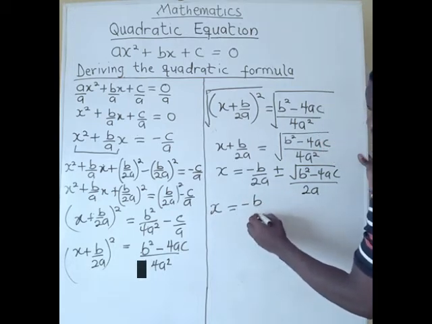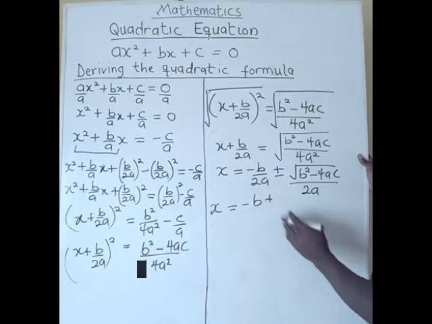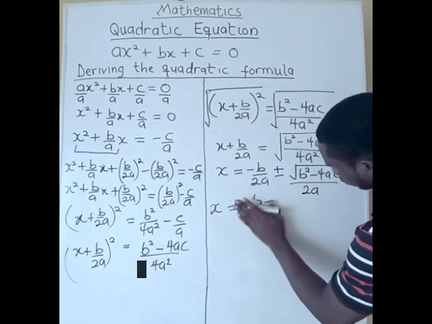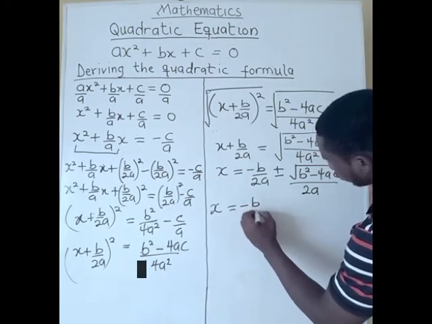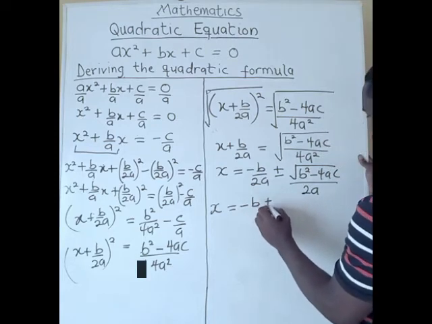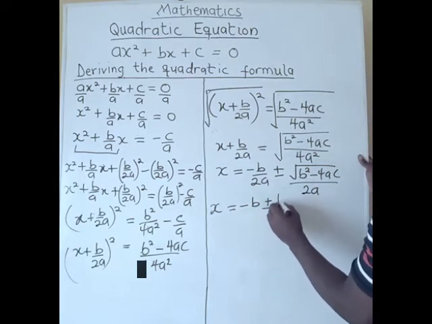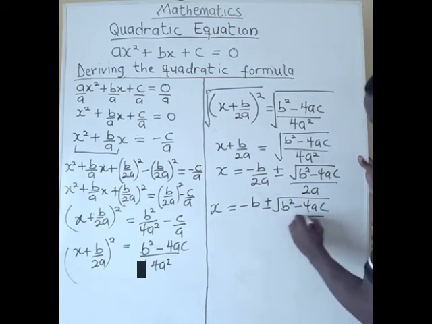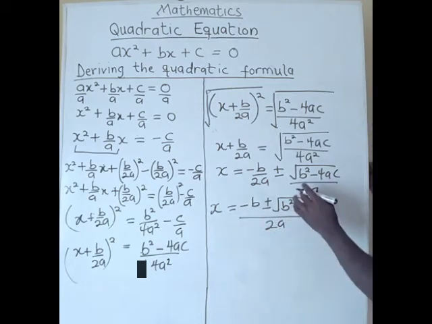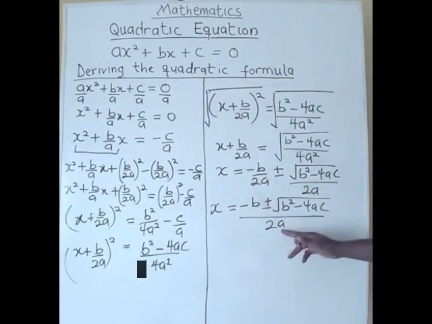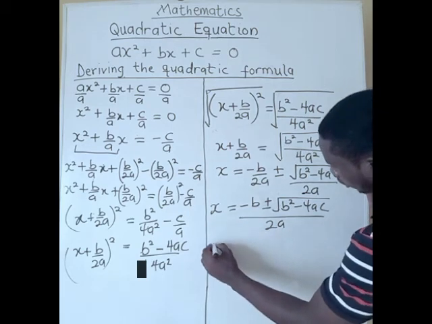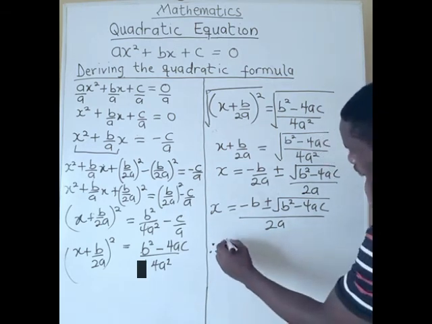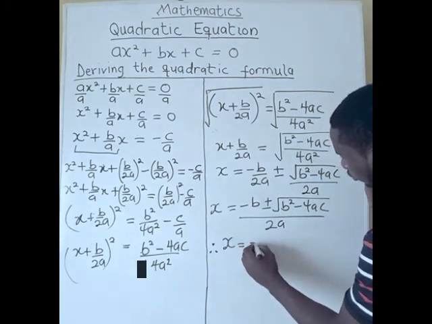Minus b over 2a, all over 2a, because they have the same denominator, we just put 1 at the bottom. So therefore x is equal to negative b plus or minus the root of b squared minus 4ac, all over 2a.